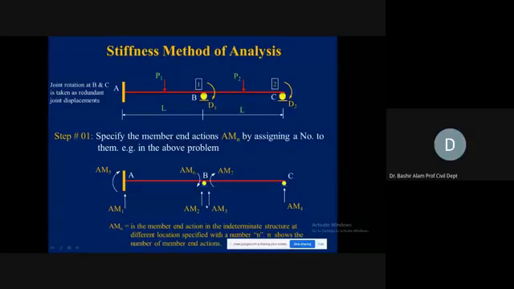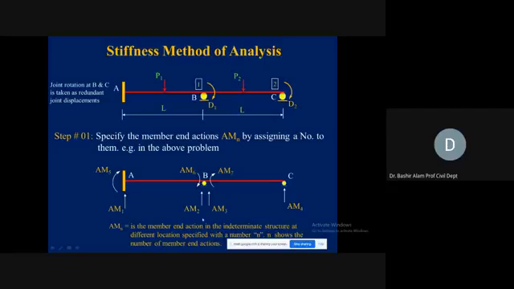You can assume any direction, but from here onwards, these will become your positive signs. AM6 and AM7: if you find AM6, AM7 is automatically found. You don't need to find it because they will be the same in magnitude and opposite in direction, balancing each other. But for calculation purposes, we want to see whether they are matching or not.